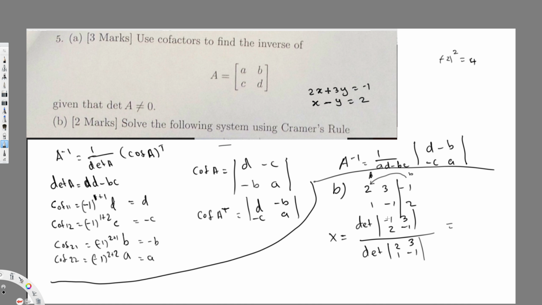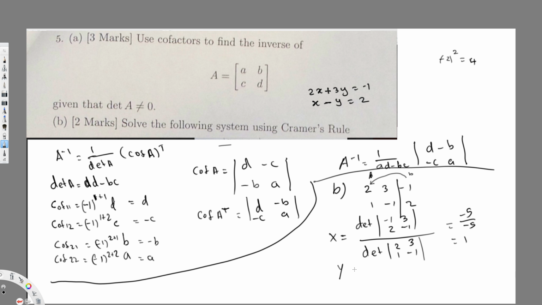Minus 1 times 1 is minus 1, so 1 minus 6 is going to be minus 5. And this is 2 times minus 1, negative 2, minus 1 times 3, positive 3. Therefore minus 2 minus 3 is going to be minus 5. Minus 5 over minus 5 is going to be plus 1. So this is my x.